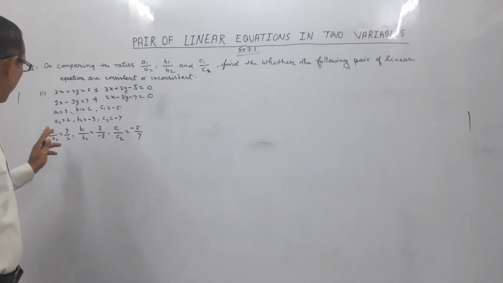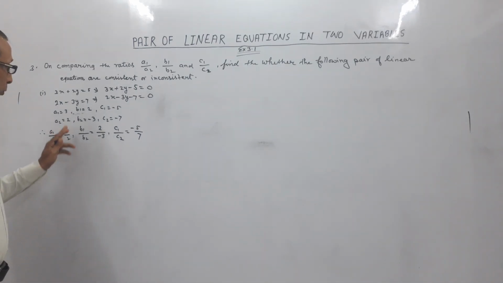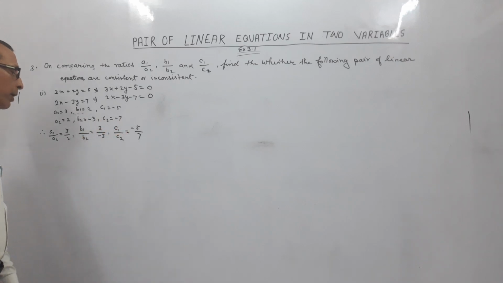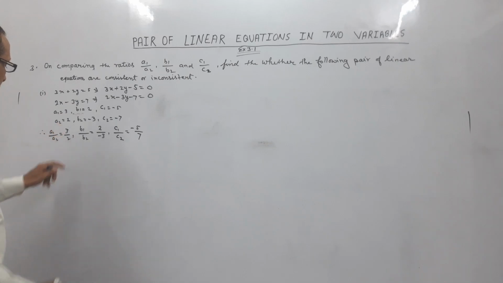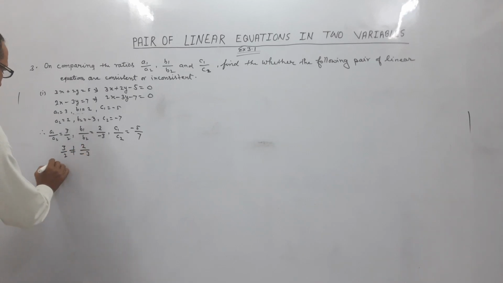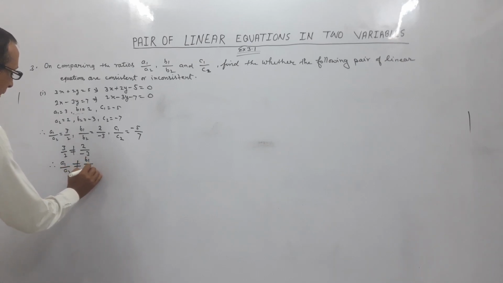So now it is clear that 3 by 2 does not equal to 2 by minus 3. So therefore A1 by A2 does not equal to B1 by B2.